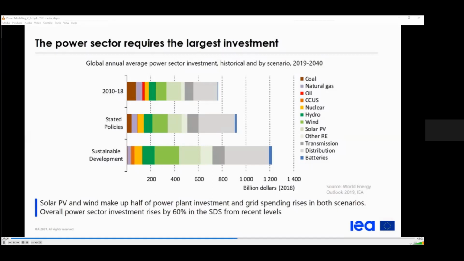So we model this network through a dedicated module that derives the transmission and distribution grids infrastructure really needed to support the expansion of the power system and also modernize existing aging assets.